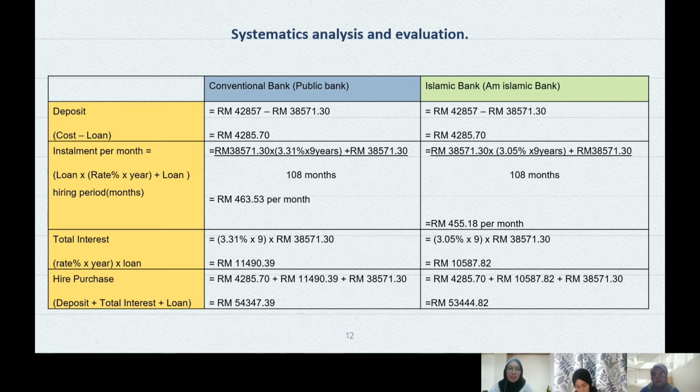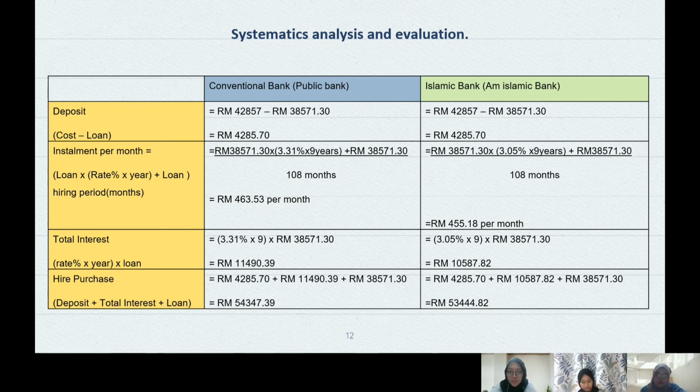So as you can see in the second calculation, the conventional bank gives a rate of 3.31%, but the Islamic bank gives a rate of 3.05%. So we calculate for 9 years.